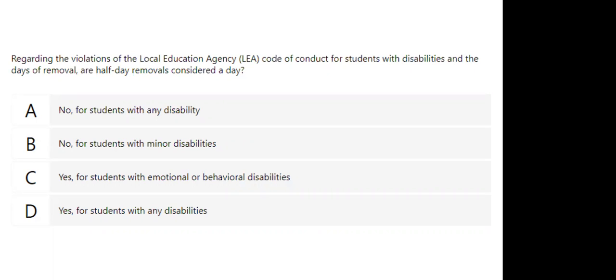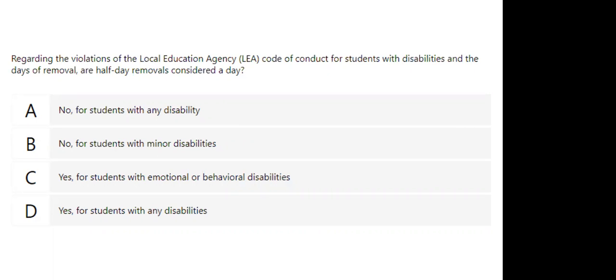Usually school districts have come up with what's going to be the actual rule of thumb for all the schools, all of the LEAs in that school district. And there are some exceptions from time to time for the students with disabilities.